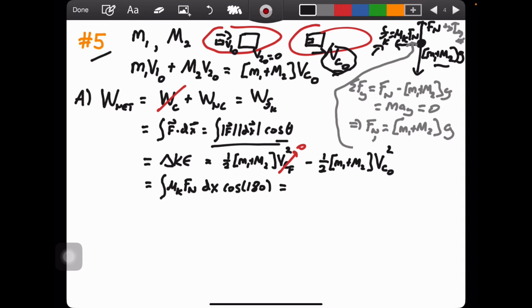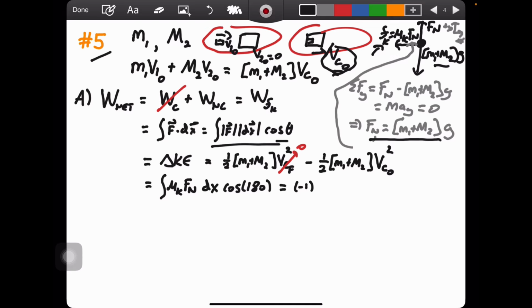More specifically, I already showed that the normal force can be expressed as the combined mass multiplied by g. And again, we have our coefficient, that's a constant. Cosine 180 is -1, so I can have a -1.